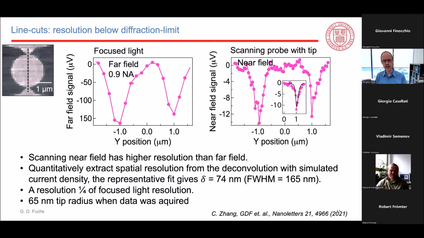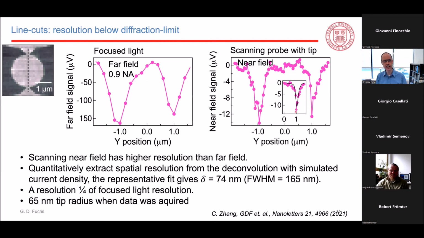So this is high numerical aperture focusing, and you get spatial resolution just a little bit below 1 micrometer. It's something like 0.7 micrometers. And then if you compare that to a separate measurement where we do the same thing again using the near field probe, you see these much sharper responses.